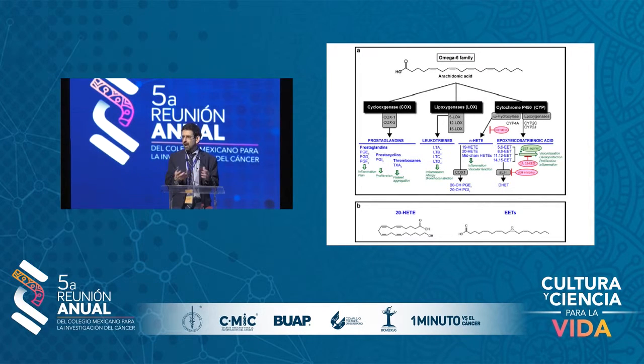But the problem with studying the function of cytochrome P450 epoxygenase products is that, on the other hand, there are these epoxide hydrolases which are in the cytoplasm and serve as a shield to break down and immediately destroy these signaling molecules, so that after they've done a very brief signaling job, they're rapidly degraded.